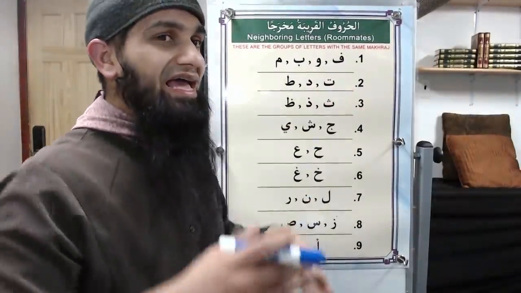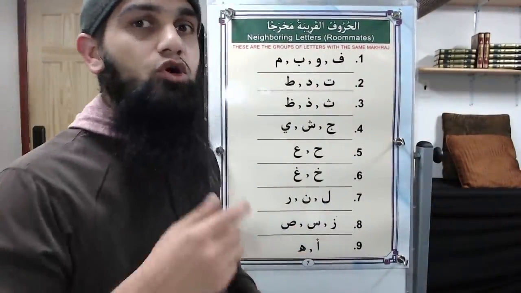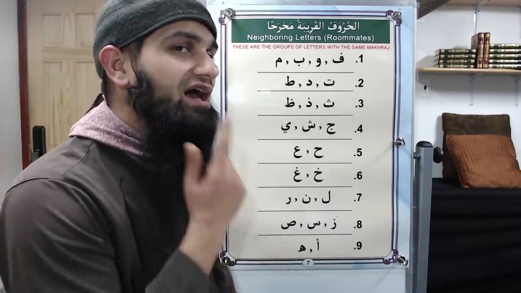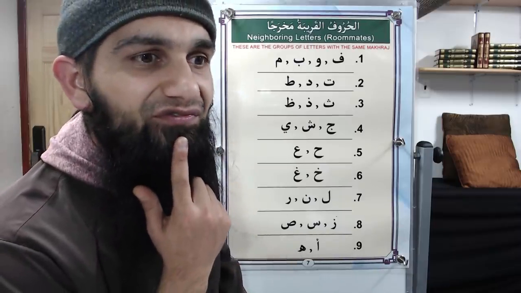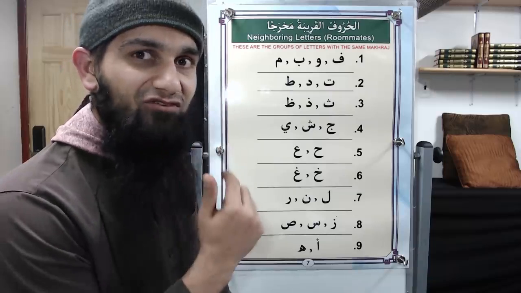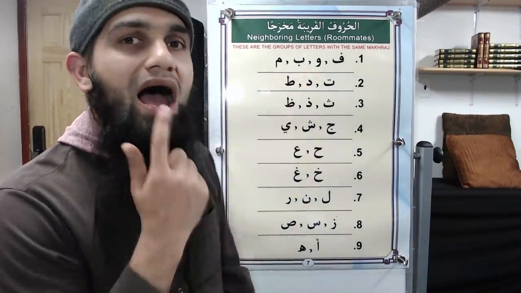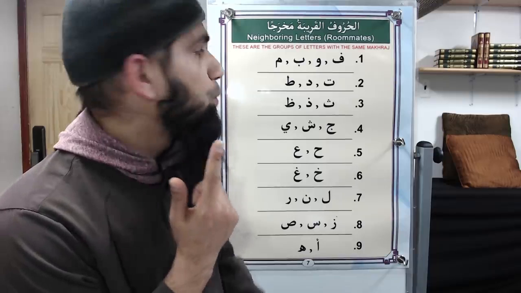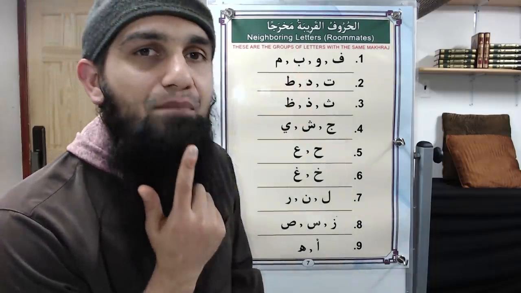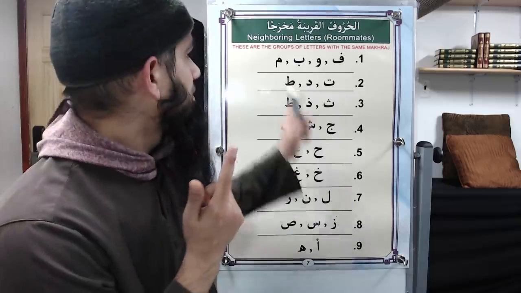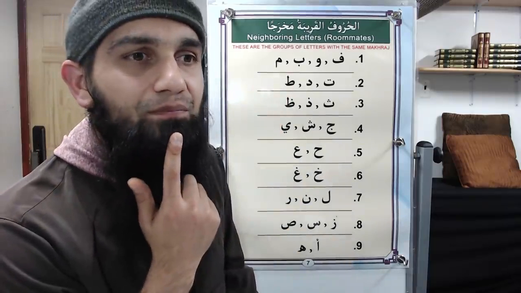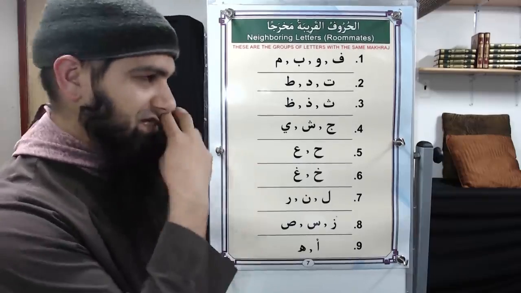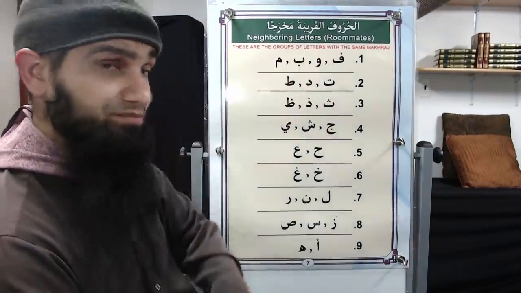So Fa, if we place the A before it, look, Af. Say Af. That's the sound. Aw. Ab. Am. So this is how we know the sound of each letter. So all of these come from the lips.